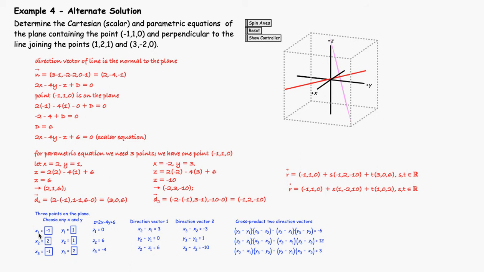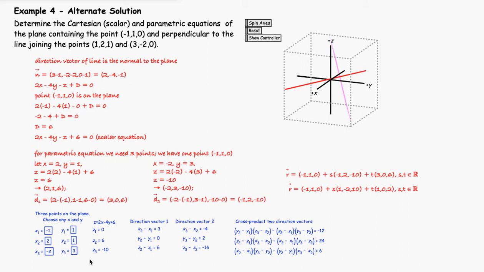I have for my first point, negative 1, 1. Plugging into the equation, I found that z1 was 0. 2, 1, we find that z2 is 6. Plugging in our last point, I got to fix this one up. It should be negative 2. This one should have been 3.